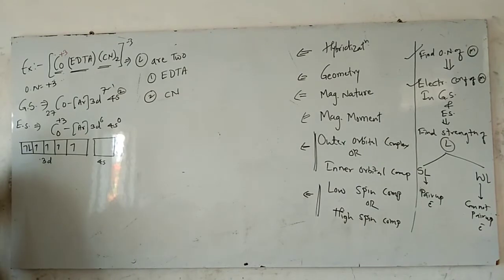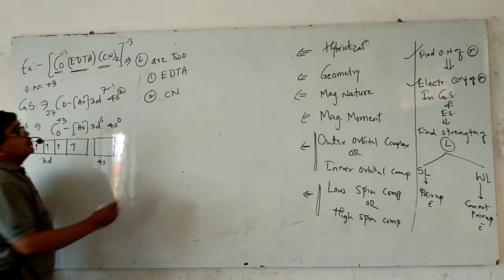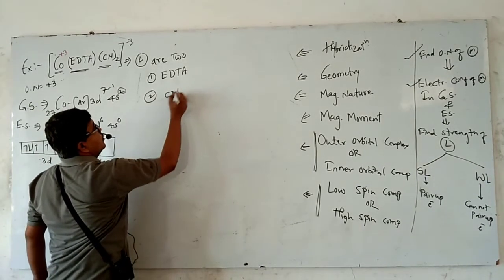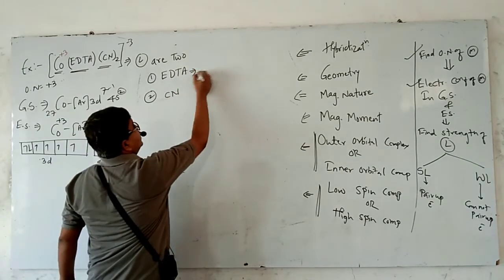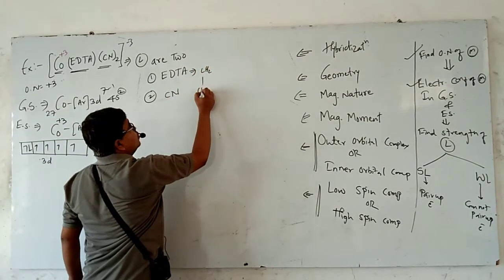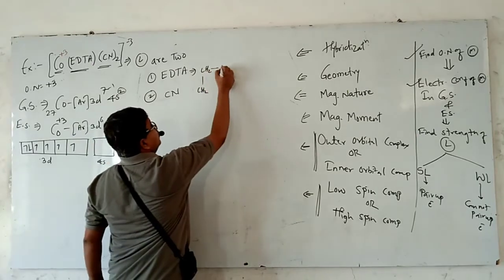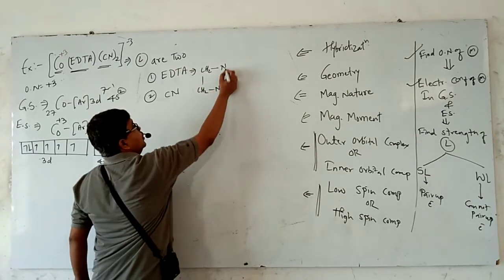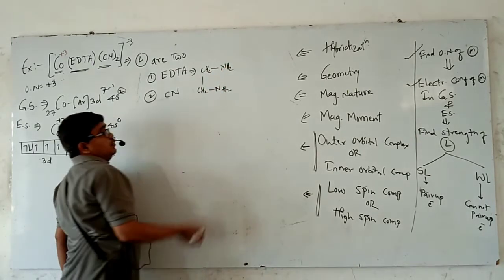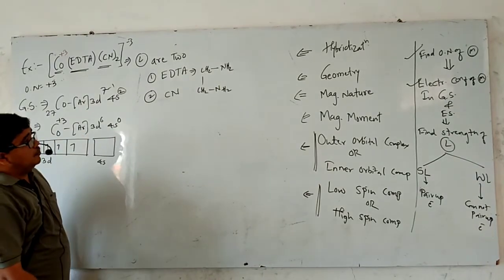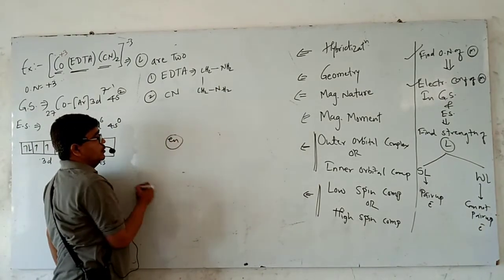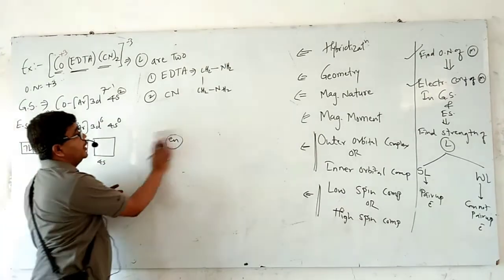Now in the EDTA, you know that EDTA is CH2, CH2, nitrogen, nitrogen. First we have to write structure of en. Structure of en, that is ethylene 1,2-diamine.